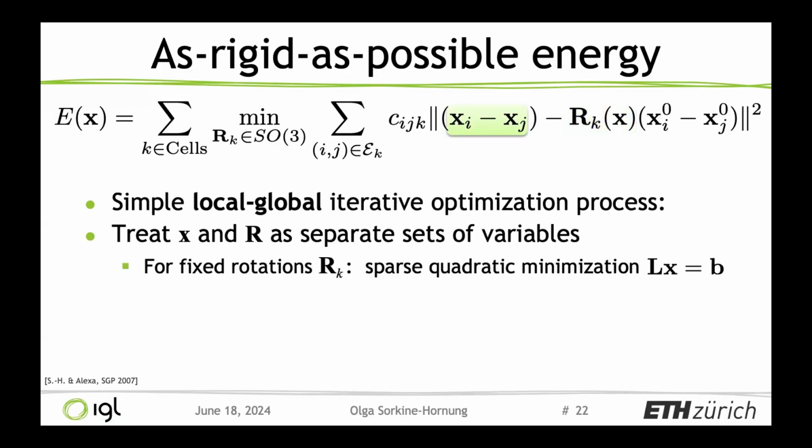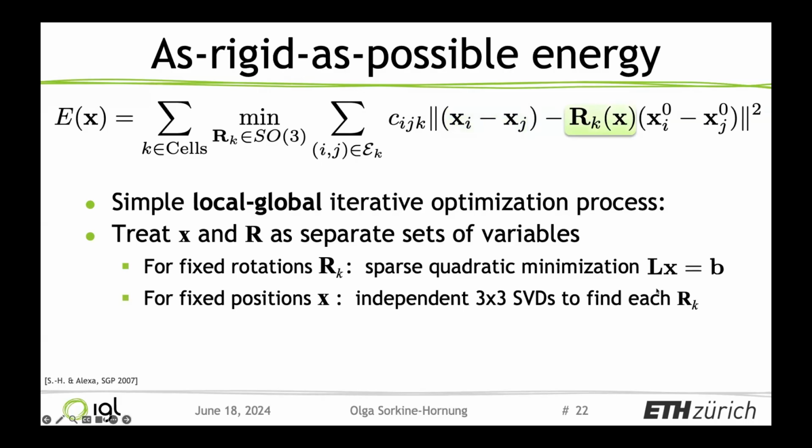And for fixed rotations, we just have a sparse quadratic energy here, so a sparse linear minimization that we have to do. And this L here is, by the way, just a Laplacian matrix.